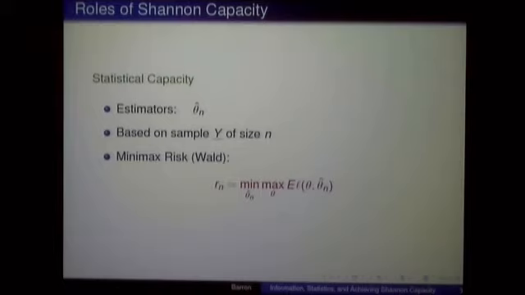If we envision that you're doing this based on a sample of size n, we could index that risk by n. And we're familiar in information theory with the way that statistics tells us the fundamentals of what's possible for any procedure, and that's true here too.